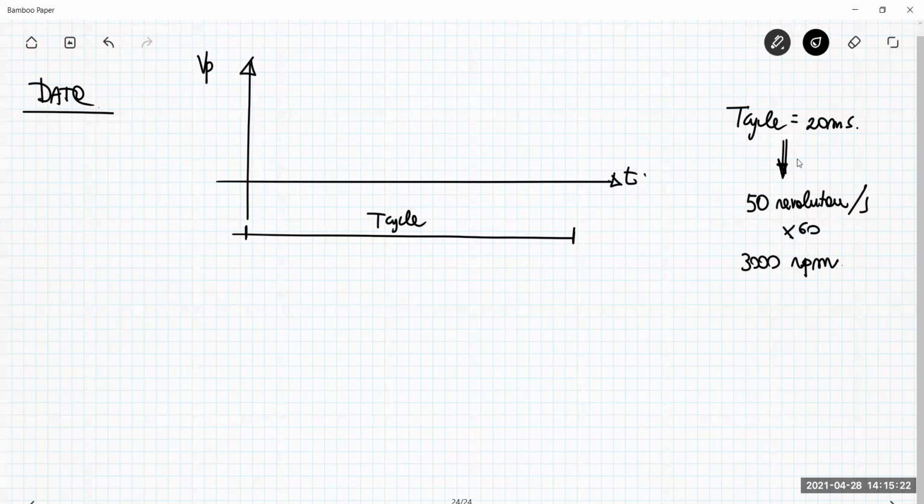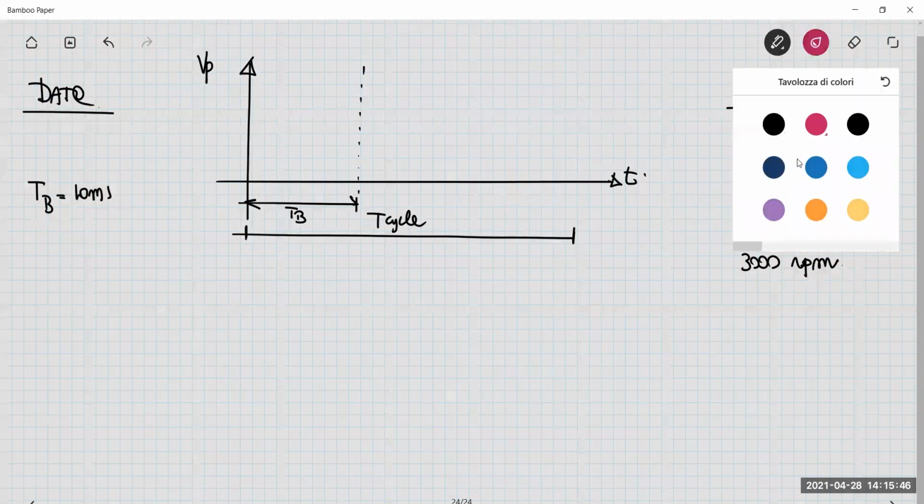And I have an interval which is called TB. We can call it T burst, the interval in which I have to inject my fuel into the combustion chamber. So TB is exactly 10 milliseconds.